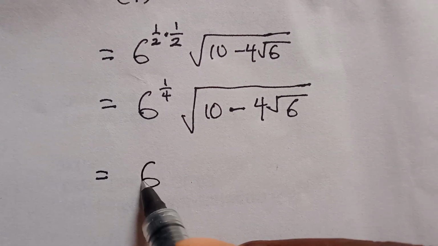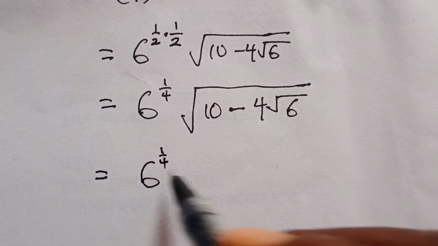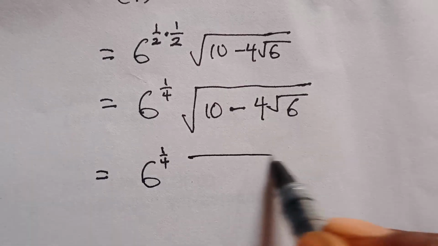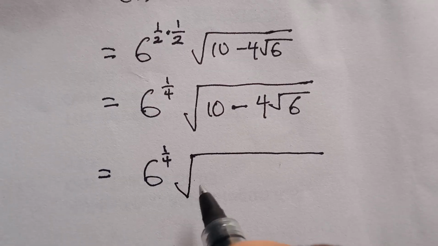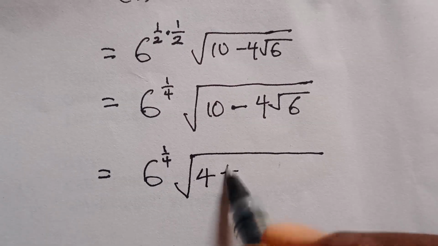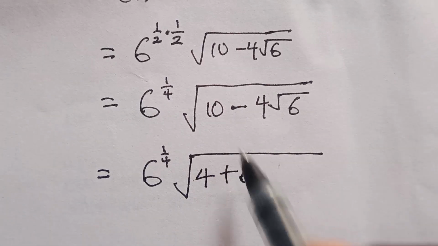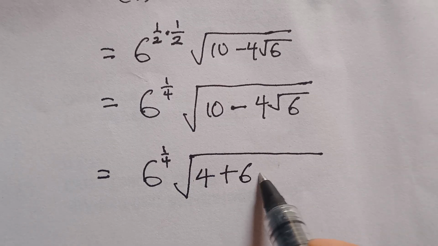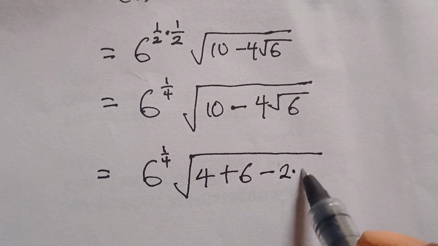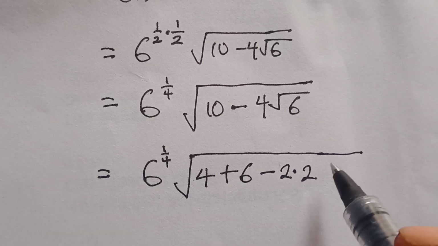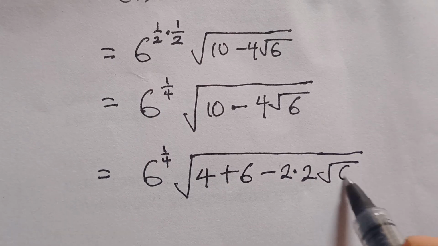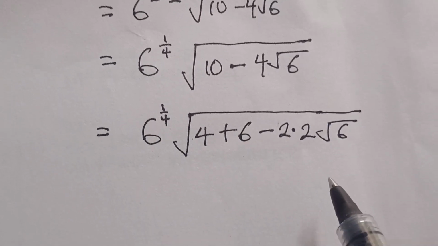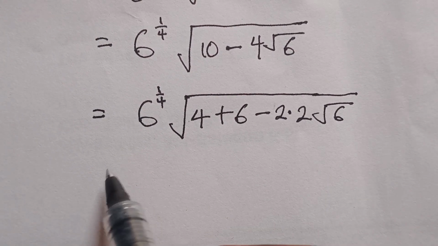You can simply have 6 raised to 1 over 4. This 10, I can break it into two parts by saying I have square root of 4 plus 6 minus, then I will break 4 into 2, because 2 times 2 still gives me 4. Therefore, 2 times 2 square root of 6.